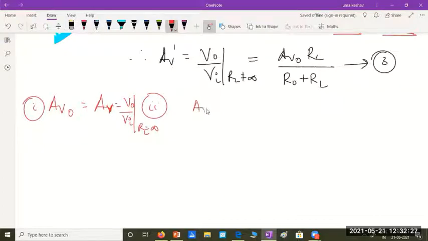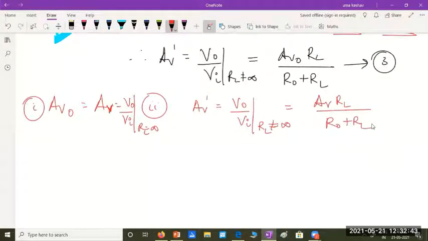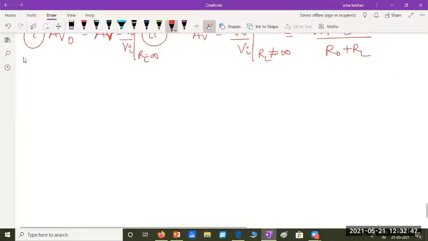Next, we'll define AV dash, the voltage gain with load, as again V0 by Vi, but with RL not equal to infinity. And this value would be AV RL by R0 plus RL. So we have defined two types of voltage gains in the same amplifier.